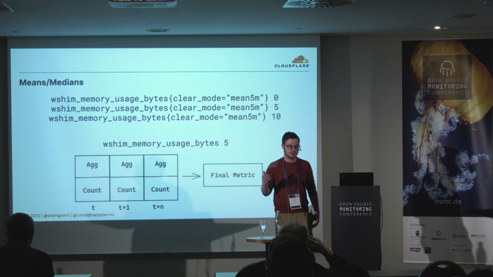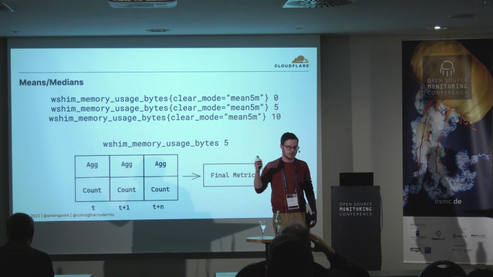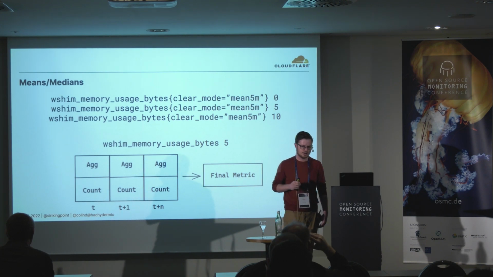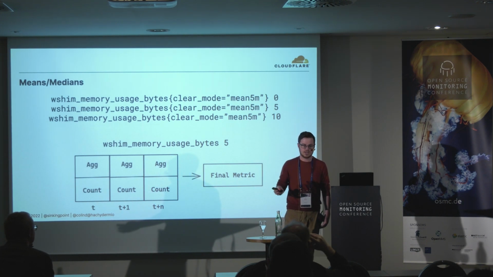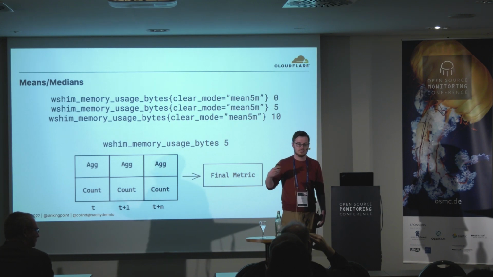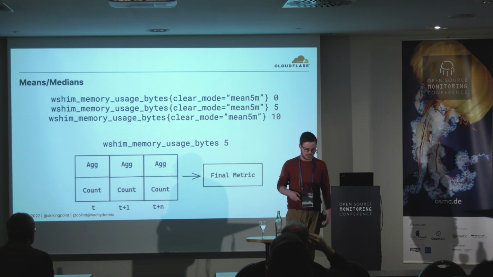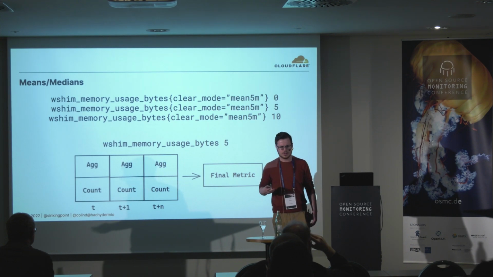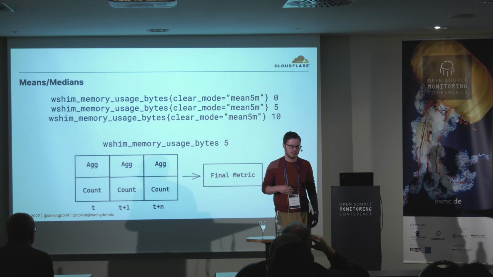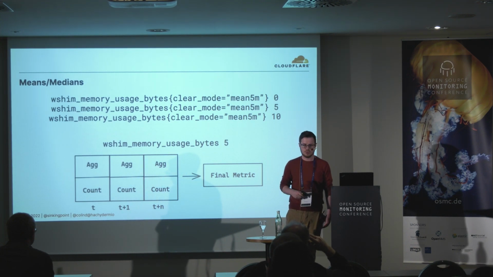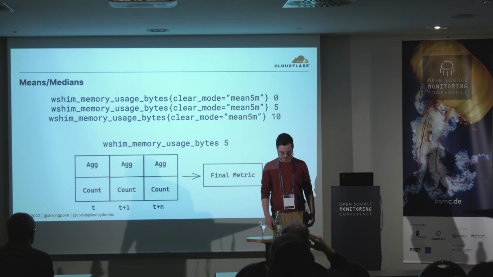A request counter has a value, a gauge has a value, but taking a statistical function requires us to keep a range of values, right? We have to keep a mean, we have to keep a median. That means we have to keep all of the observations in order to calculate those. And when you have thousands upon thousands of requests coming in, keeping thousands upon thousands of raw observations gets expensive in terms of memory very, very quickly.